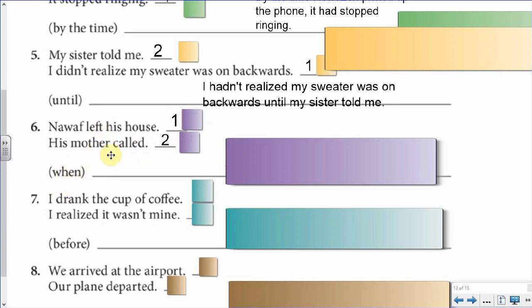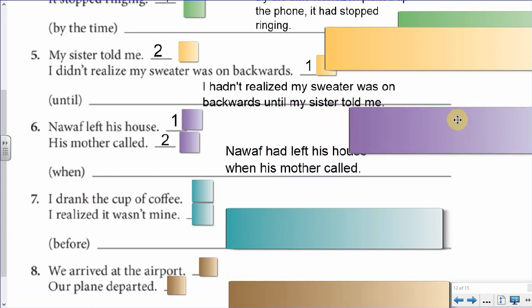So put these two into one with when. How would we say that? Okay, so we should have Nawaf had left his house when his mother called. Or of course you could say, when Nawaf had left his house, his mother called.